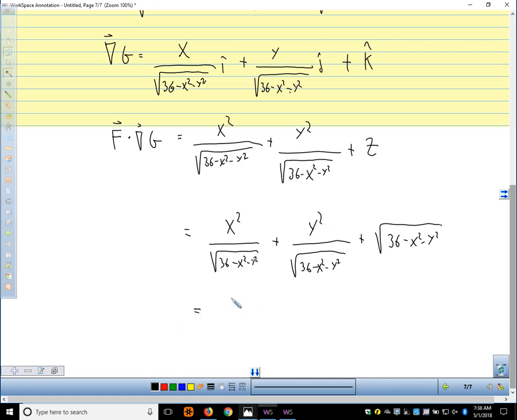The x squareds and y squareds in the denominator cancel, and we just get this. All right, so all that work, this becomes our integrand.